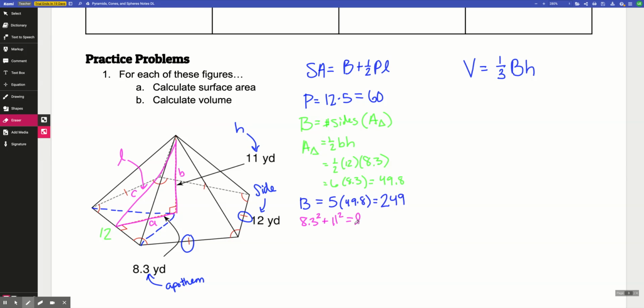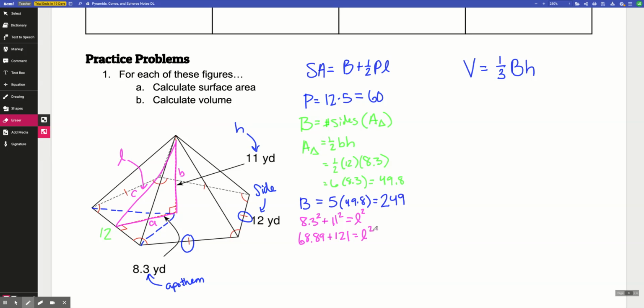Okay, and that equals my slant height squared. So 8.3 squared is 68.89. Okay, plus 11 squared is 121. And that equals my slant height squared.